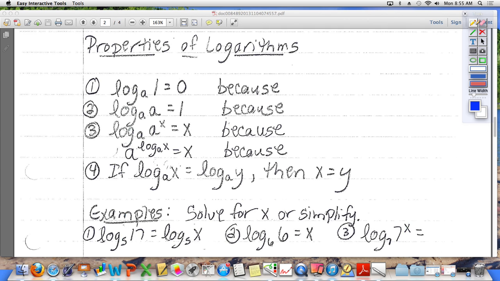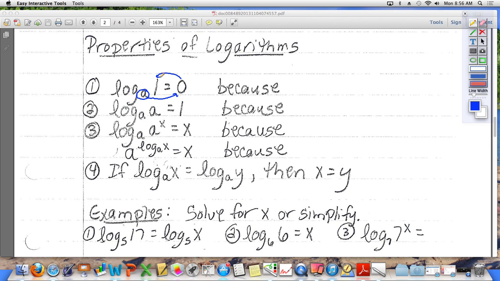How can you change this logarithm so that it is in exponential form? This is the base value A. This value right here is the power that we put it to, and this right here is what it equals. I like to think of it as kind of like a spiral.